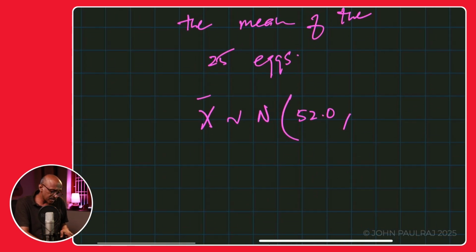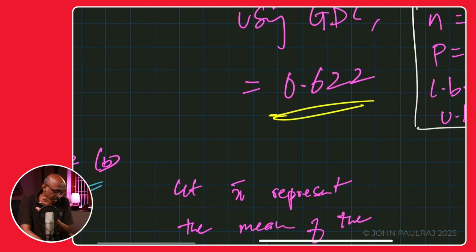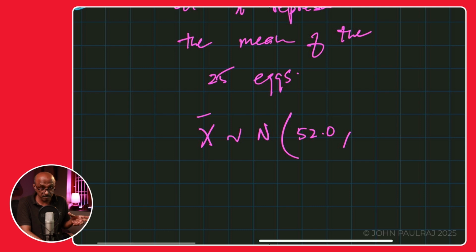However, means behave differently than individual weights of the eggs. Individual weights of the eggs are the X's, so we are looking at the X bars. And the means behave differently in the sense that during the averaging process, they don't vary as much.